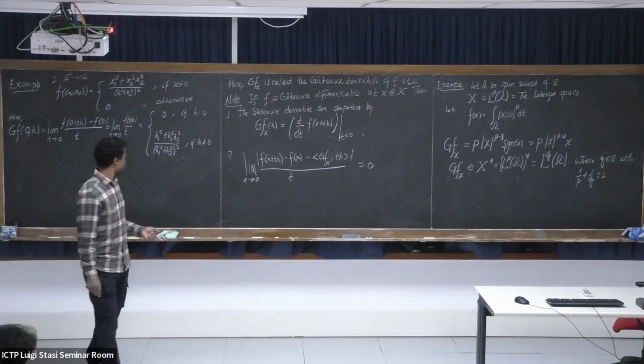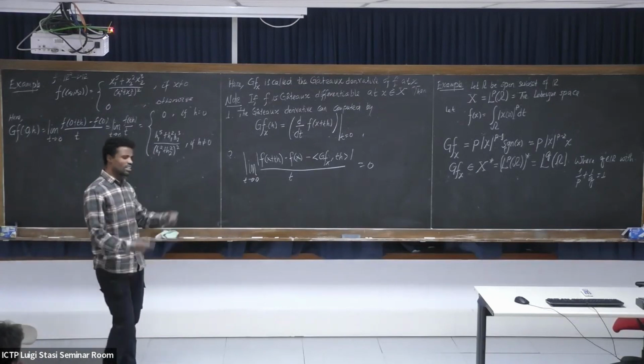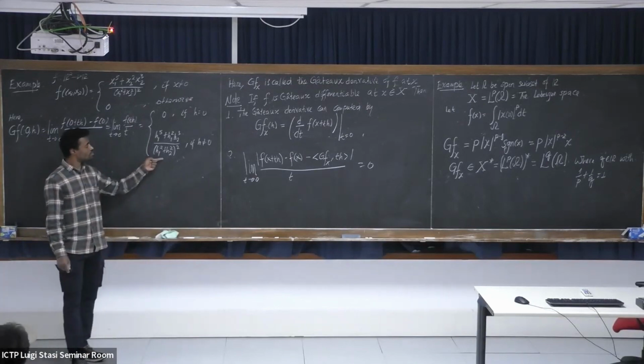It's not linear. If it is linear, it's bounded in a finite dimensional space. Showing it is bounded, linearity is enough. Even it's not linear.